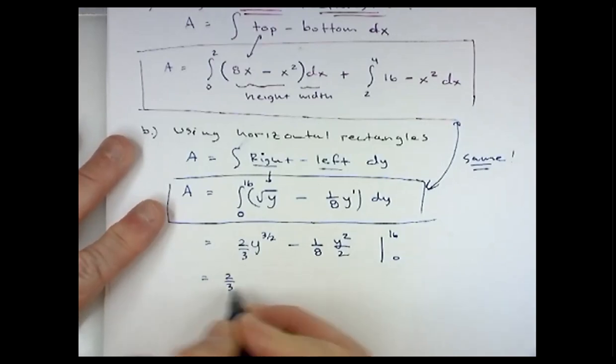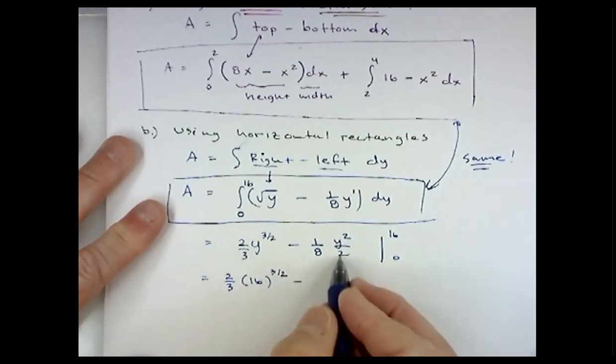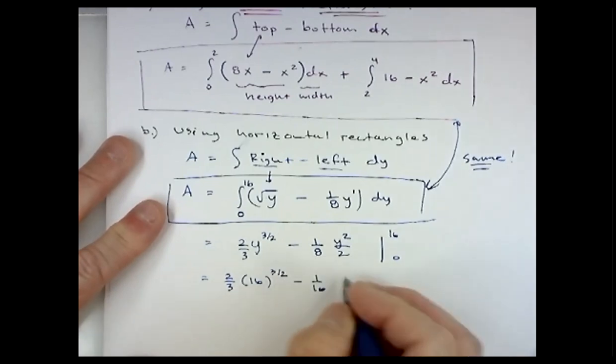So this will be 2/3 times 16 to the 3/2 minus, I guess I'll make this 1/16 times, oh, that's nice, 16 squared.